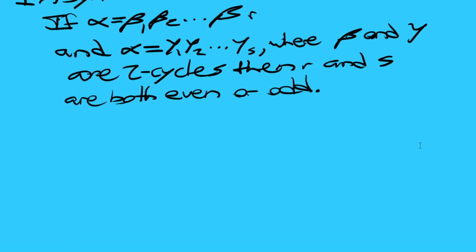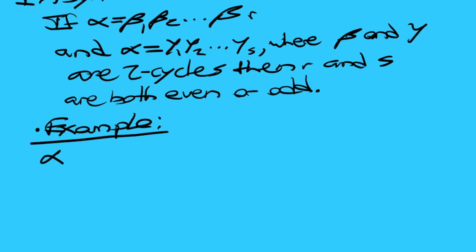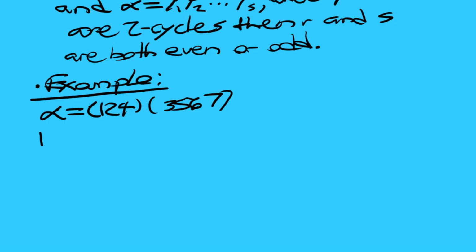So let's take a look at an example of this. So let's say we have alpha equals this permutation. So let's write it in two cycles.